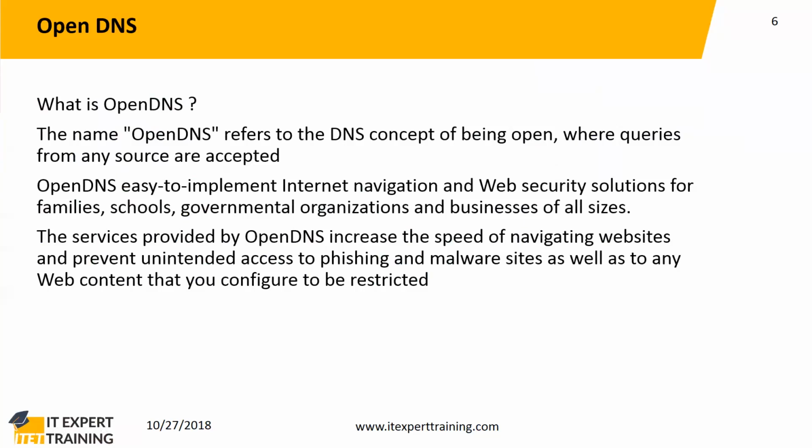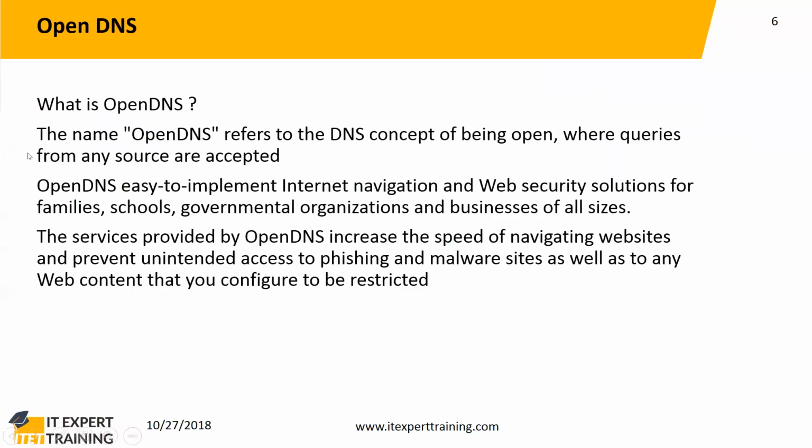In 2012, OpenDNS launched an enterprise security product called Umbrella. That's what we are going to see today. Its rapid success and customer adoption led to OpenDNS being acquired by Cisco in 2015. So the journey started in 2006, and in 2015 Cisco acquired OpenDNS and named it Cisco Umbrella.